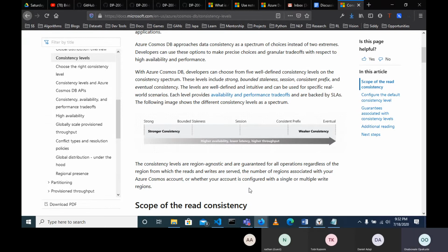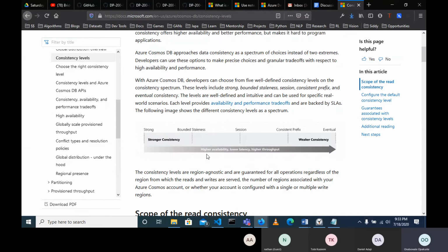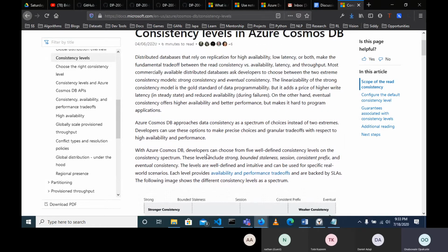You're always going to be sacrificing, and you have to choose which one is most important to you, whether it's between high availability and latency issues. If you're going with really strong consistency, I think that means it is more restricted. I'm trying to remember the exact term.